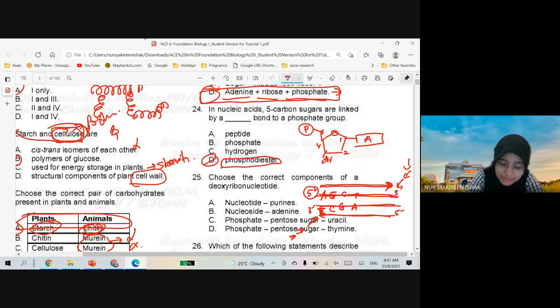Why? Kalau tengok kat structure ni, you always add new nucleotide at carbon number 3, because at carbon number 3 you have the OH, the hydroxyl group.